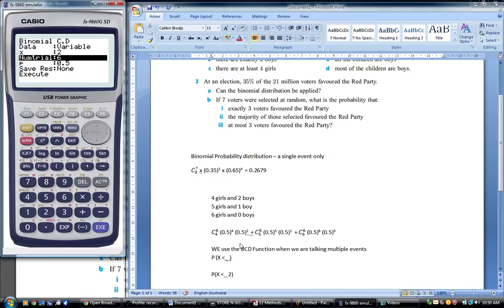The number of boys, we're saying the probability of X being less than or equal to this number, 2. There could be 0 boys, 1 boy, or 2 boys. So 2 caters for the case of 0, 1, and 2, and the probability is 0.5. Let's execute that. The answer that we get is 0.344.